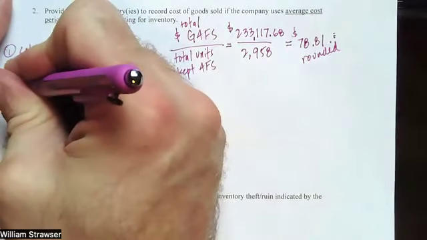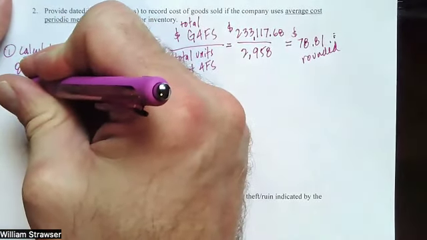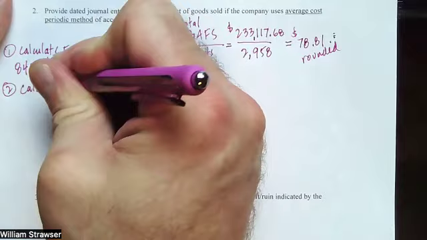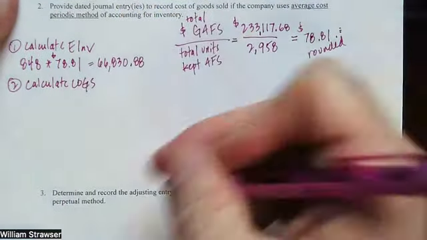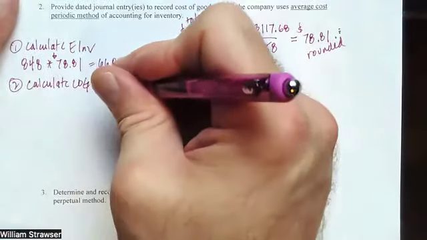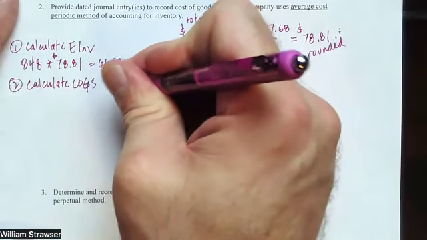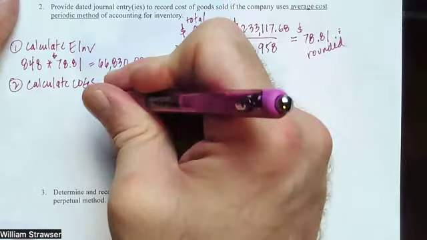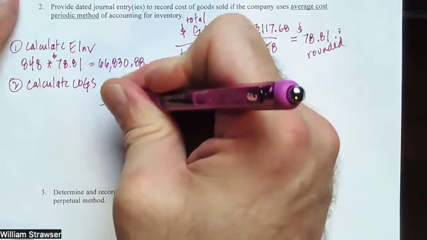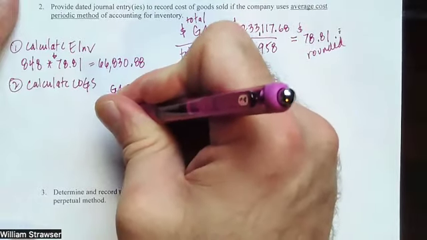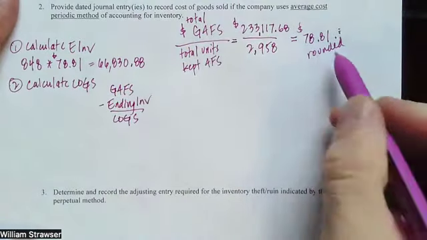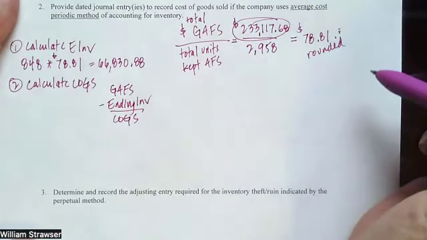Number two is to calculate COGS. And we do that with the inventory equation. I'm going to just start at goods available for sale minus ending inventory gives me COGS. Well, what do you know? We already know that's goods available for sale.